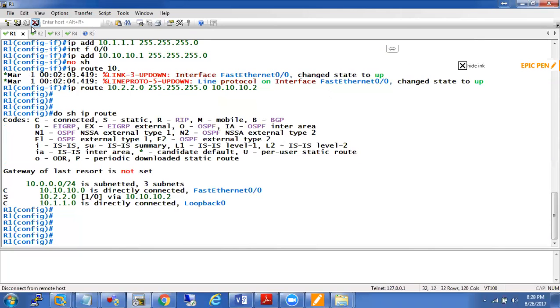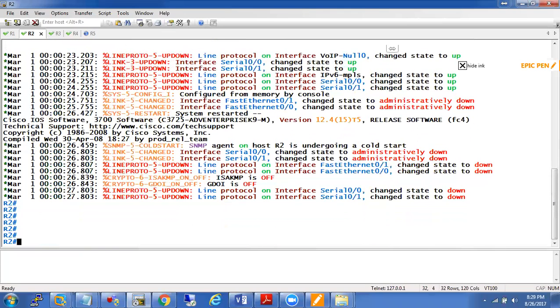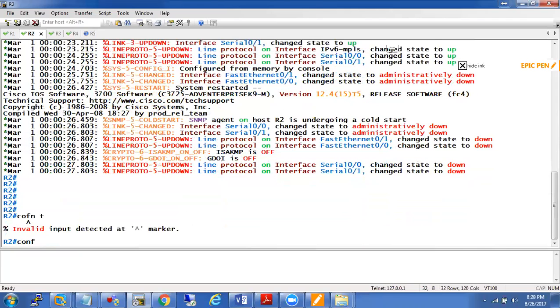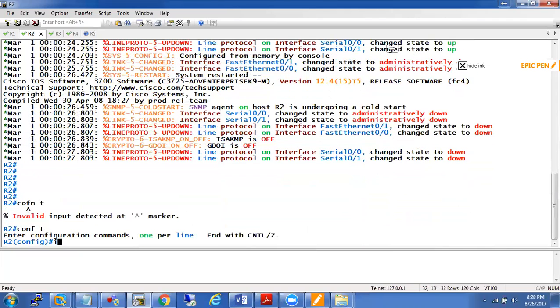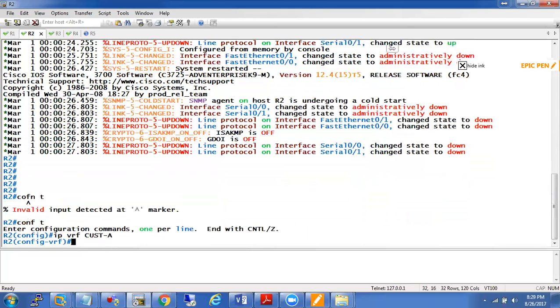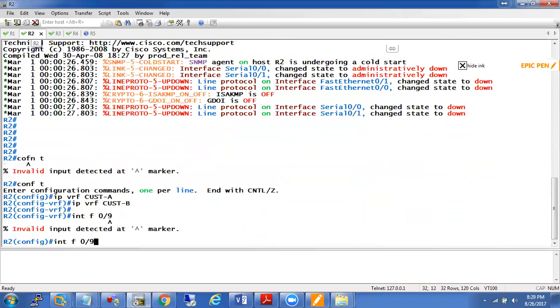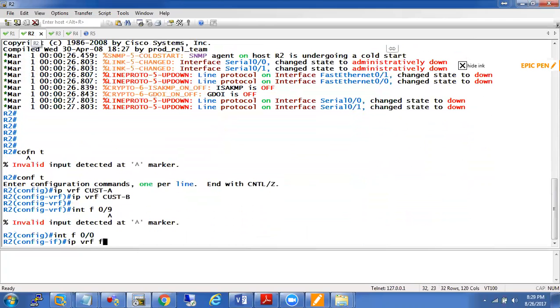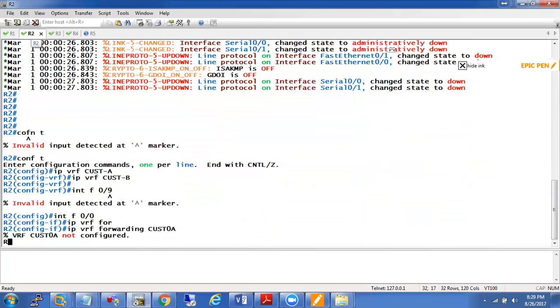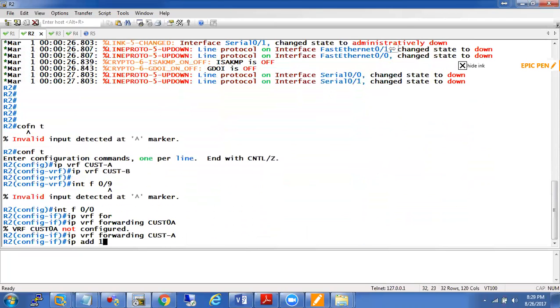Now R2. R2, I'll have two VRFs. I'll have ip vrf cost A, ip vrf cost B. A is towards R1, so interface F0/0, ip vrf forwarding cost A, IP address 10.10.10.2.